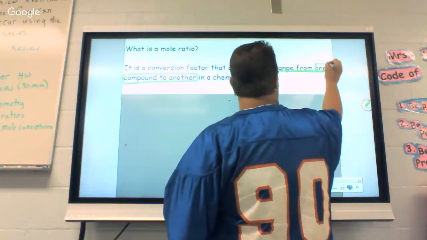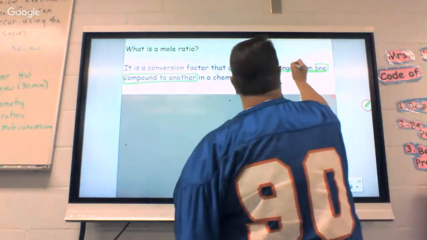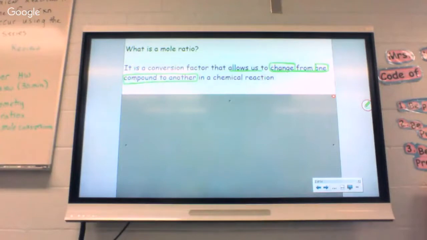Now, if reaction stoichiometry is about changing from one compound to another, should we work any problems in this unit that don't have a mole ratio? No. And some of you are going to hand me a chart without a mole ratio in it. So what do you know is going to be wrong?